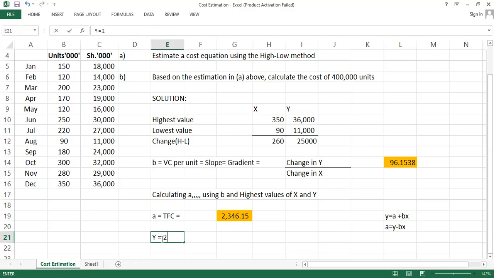A we have computed as 2346.15, plus B, which is 96.15, times x. Now x shall remain x, and that's the cost equation based on the high-low approach.